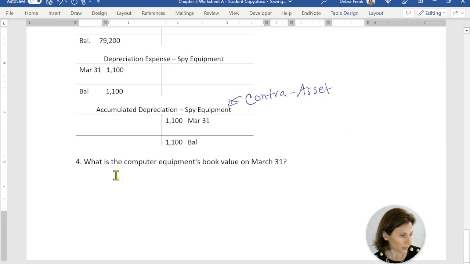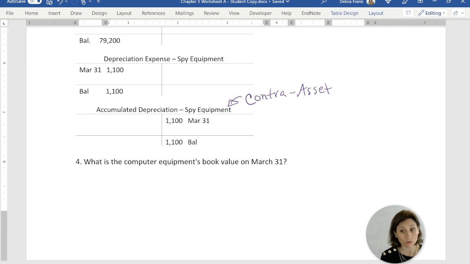One more thing they want: the book value. As I was saying, we don't mess with the actual asset itself. Instead, right below it in the balance sheet and the trial balance we'll have this account called accumulated depreciation, which will keep accumulating every time we record depreciation.